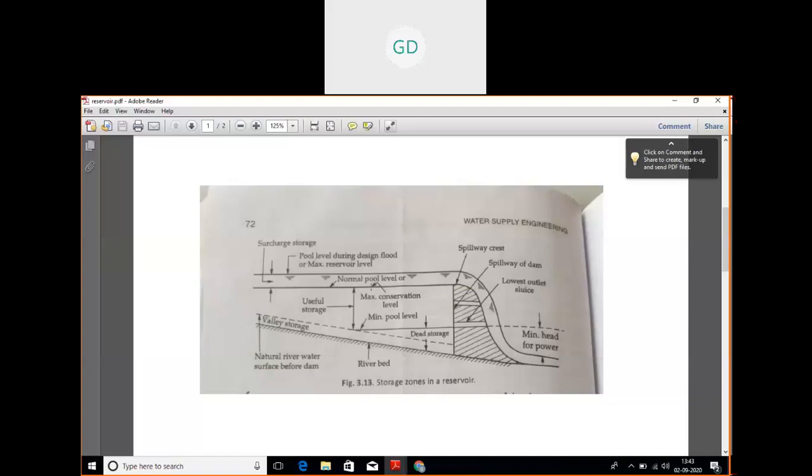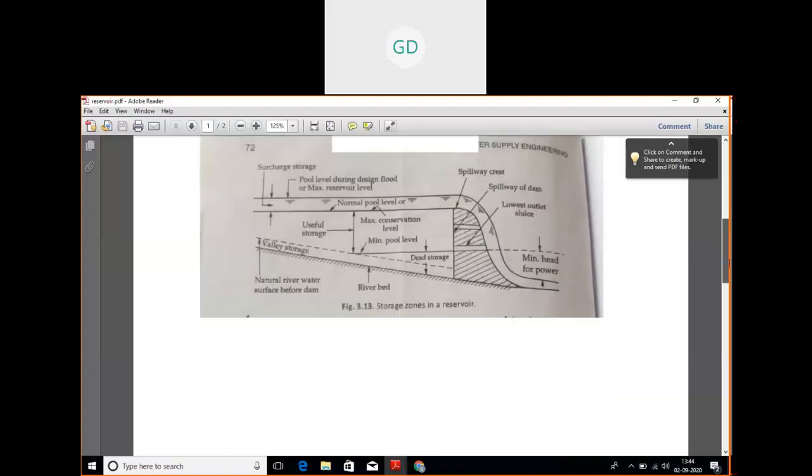The level up to which the water rises during floods is known as your maximum pool level or maximum reservoir level. This line you see, it is overflowing your dam. This is only during floods.